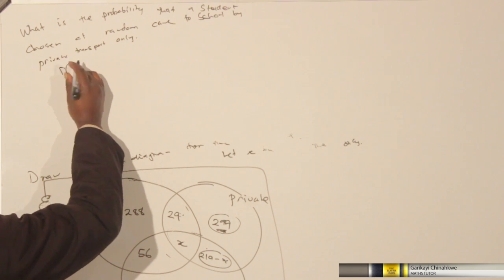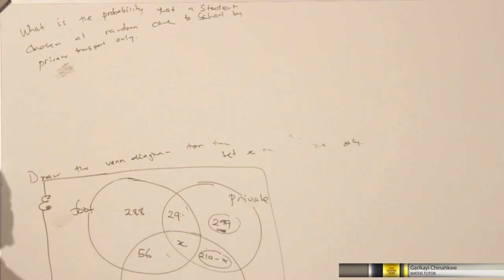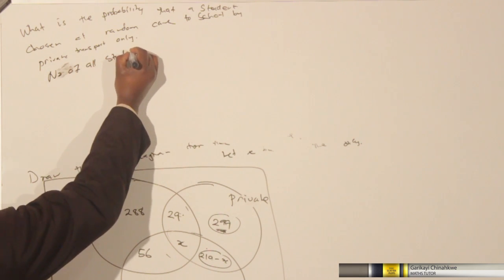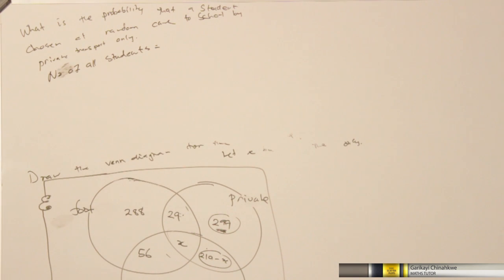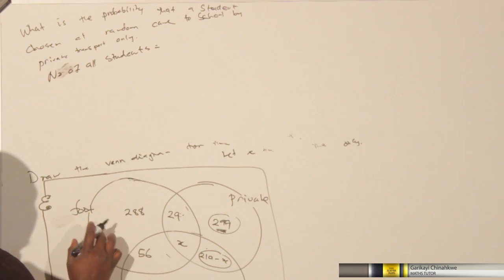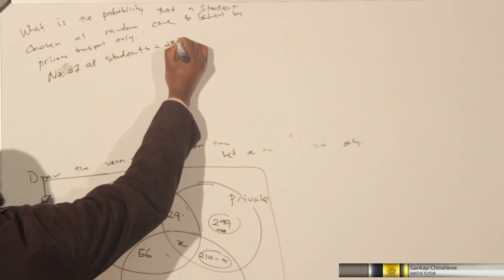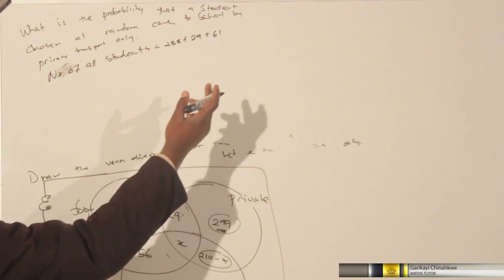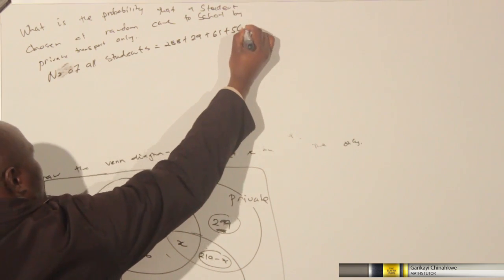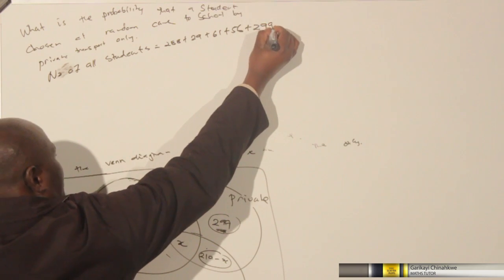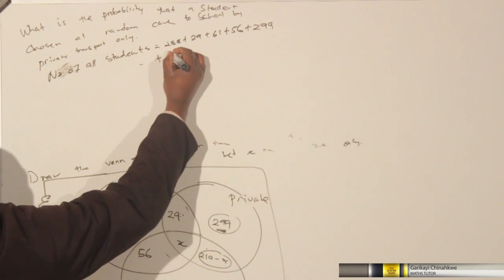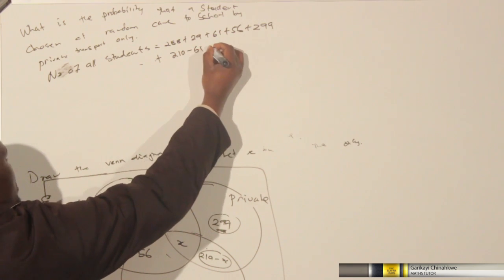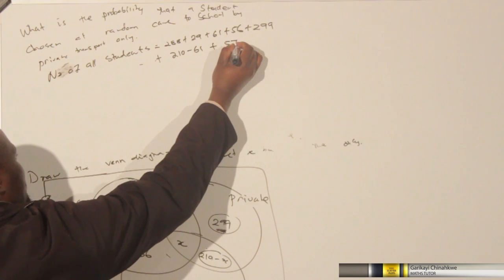So in other words, for the probability, first of all, you must get the number of all students. So the number of all students is equal to, you add 288 plus 29 plus 61, because x is 61, plus 56 plus 299 plus 210 minus 61 plus 571, then plus 42.